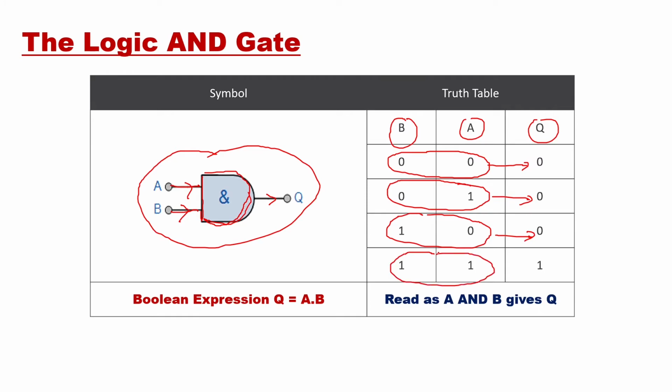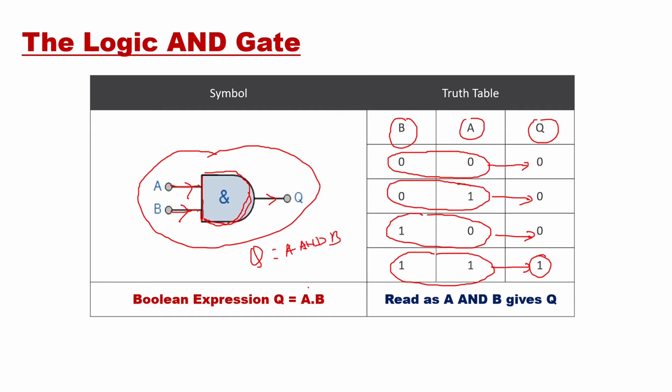So when all the inputs are high, the output will be high. If you have this relationship between the input and output, then it is logic AND. So the output Q will be Q equal to A AND B.